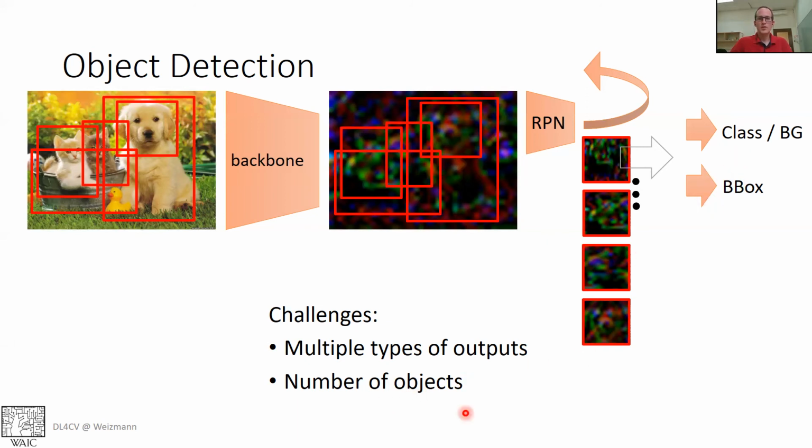And we have a multiple number of objects. We handled it by introducing the background class, and we use the two-stage object detection framework to do it efficiently. And instead of processing millions of regions, we only process a very small subset thanks to the regions proposed by the RPN.